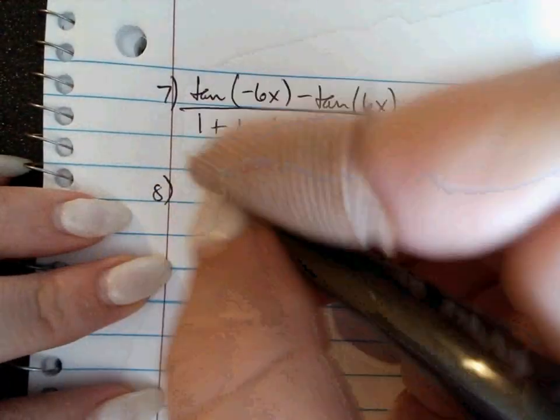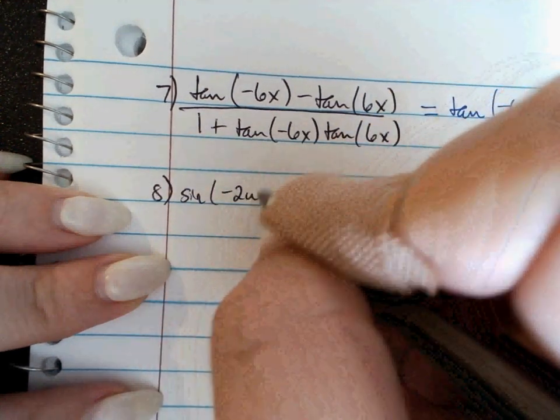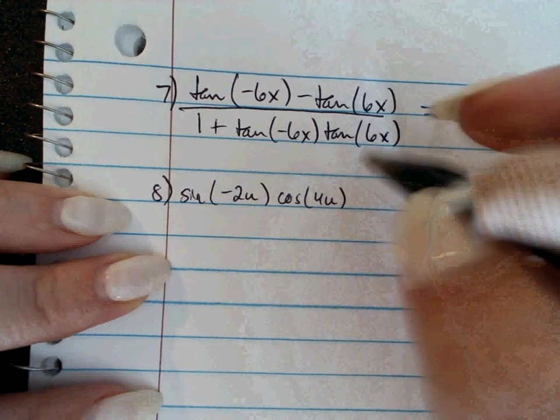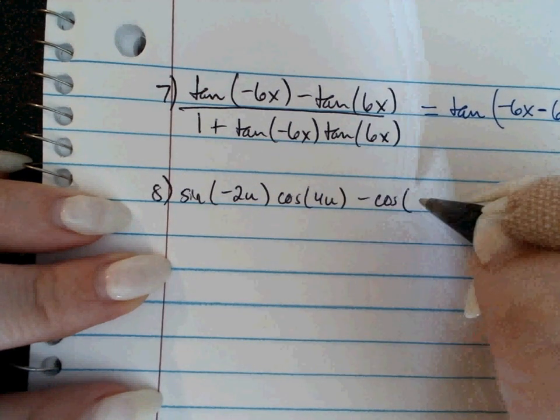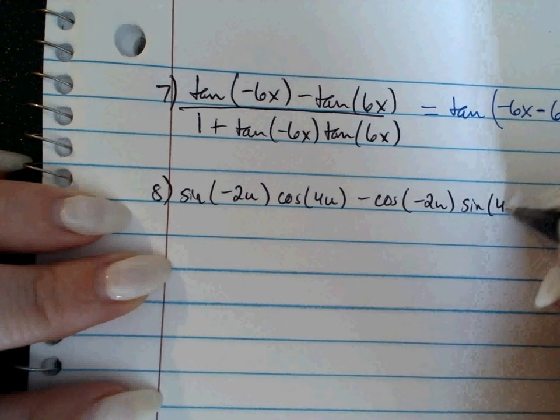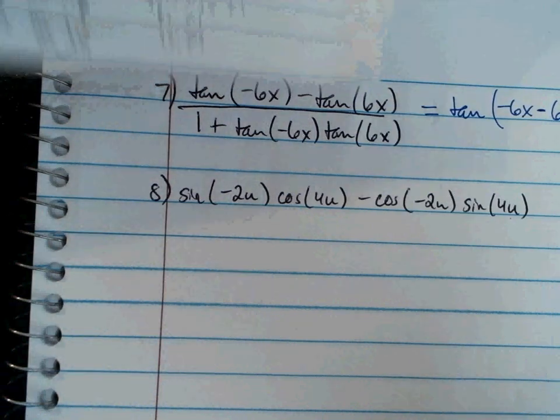Okay. Number 8 is a very similar problem. It says sine of negative 2u times cosine of 4u minus cosine of negative 2u times sine of 4u. So sine cosine minus cosine sine.